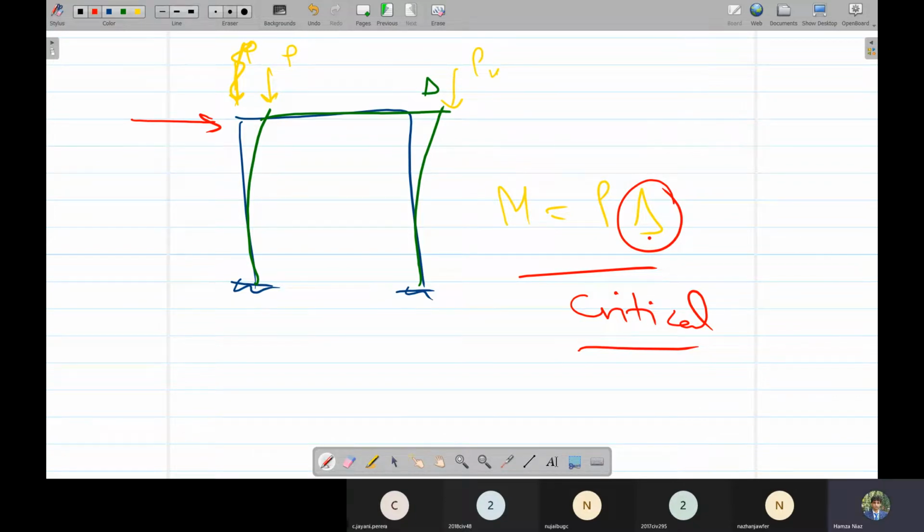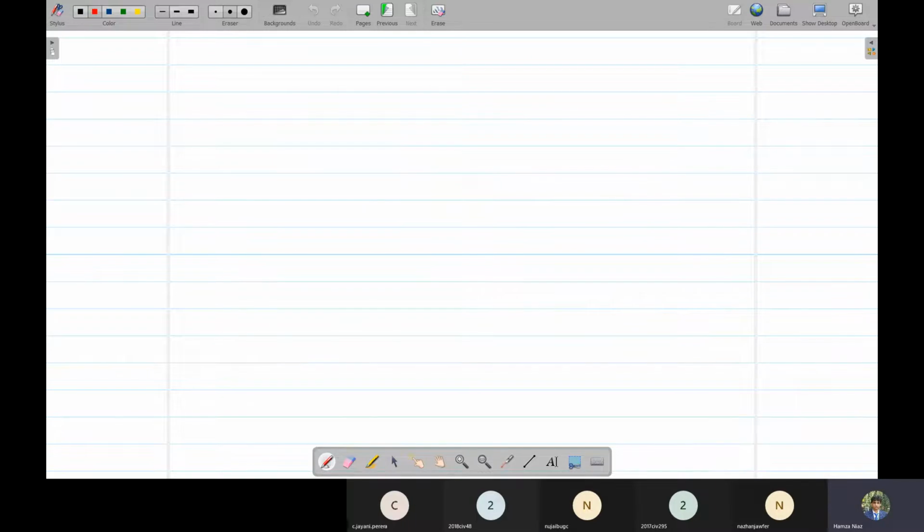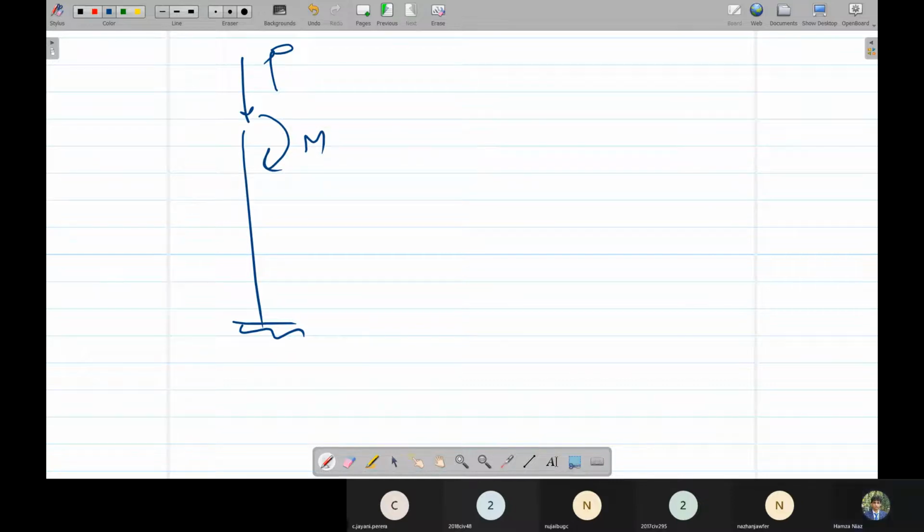First order effect is only due to axial loads. For example, this is a column. This is some load. Or also, we can apply this moment, which is coming from the beam. So we know that this load and this moment is coming from the beam. We calculate deflections of the column.